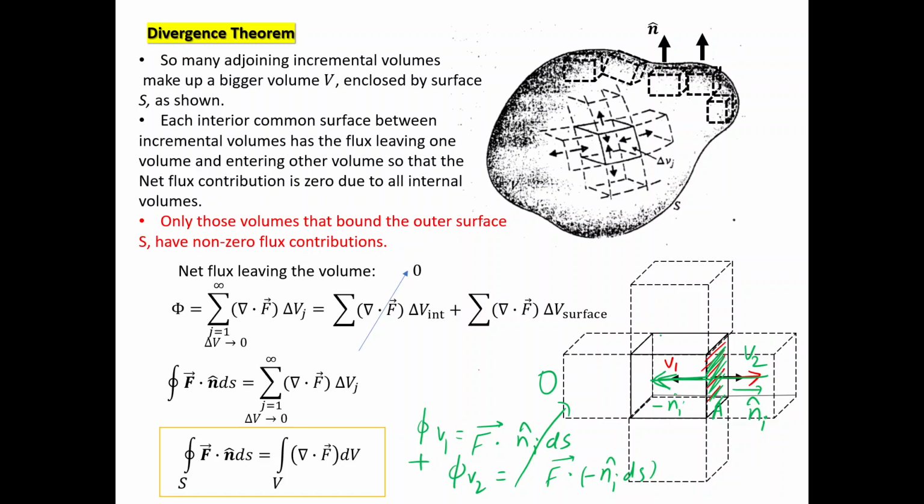Similar will be the case for this surface, and for all other adjoining surfaces. So we can say for all internal volumes, the net flux contribution will be 0.